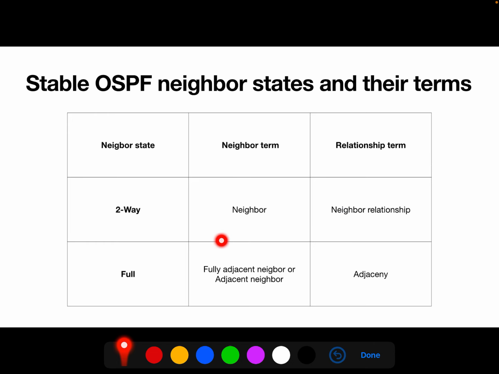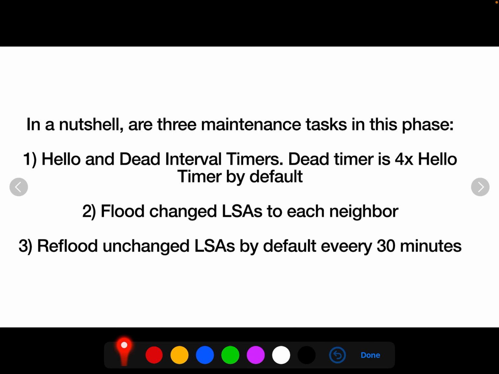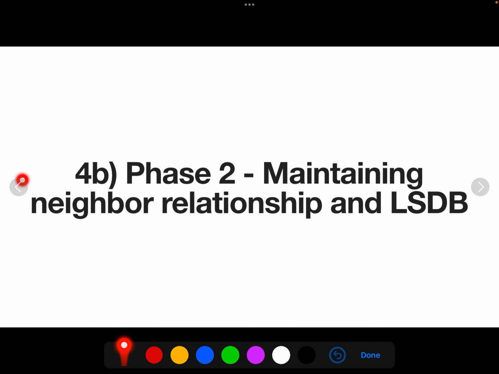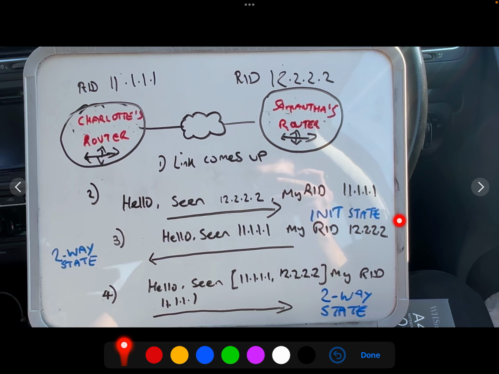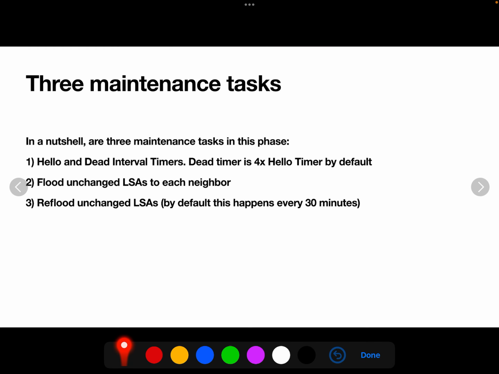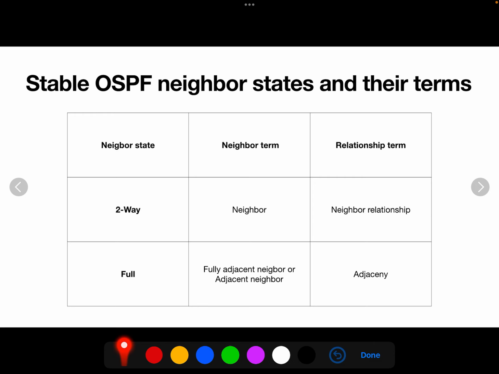So, for example, when we looked back at Charlotte and Samantha, at this state here, Charlotte entered a two-way state. So the neighbor term there is neighbor. However, it's not a fully adjacent neighbor or adjacent neighbor.